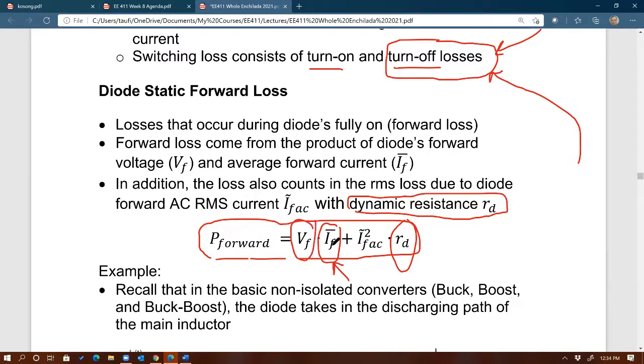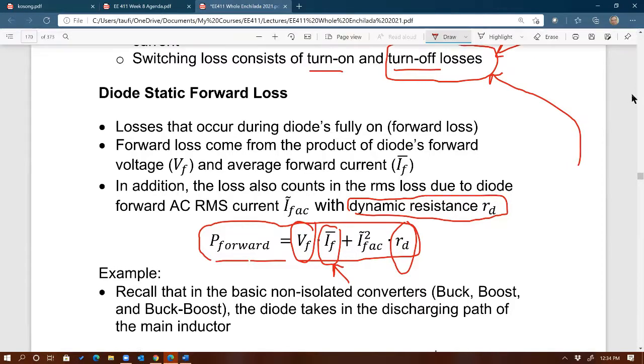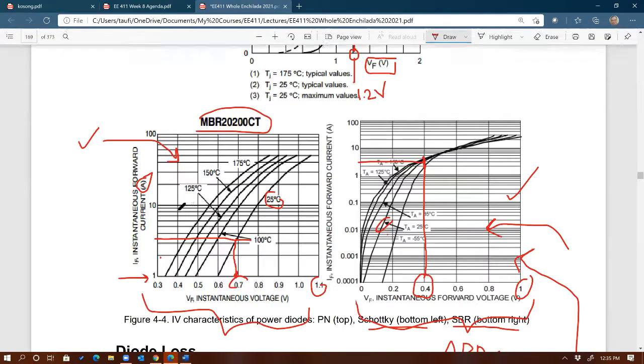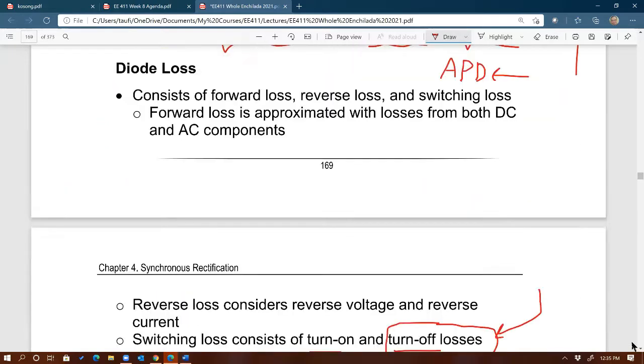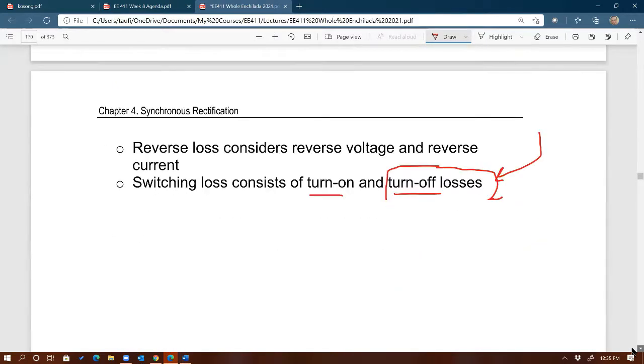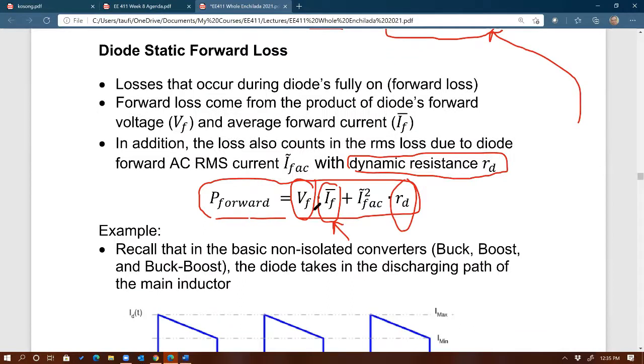Once you calculate IF, you go back to this curve and determine what the voltage drop is for the given IF. You go from the y-axis, calculate IF from EE411, and determine the drop for that IF. Then you get the first part of the equation done.